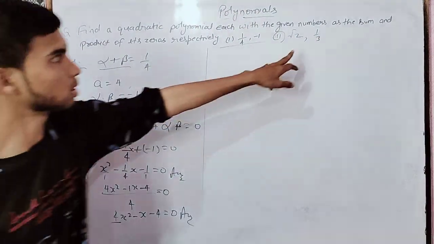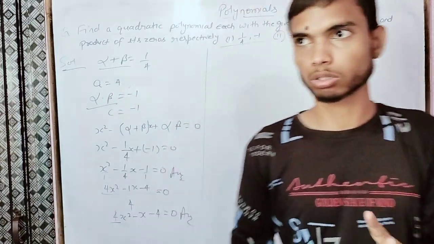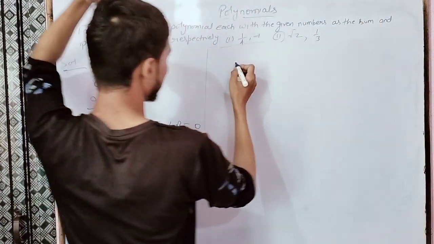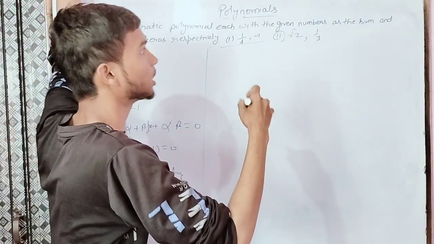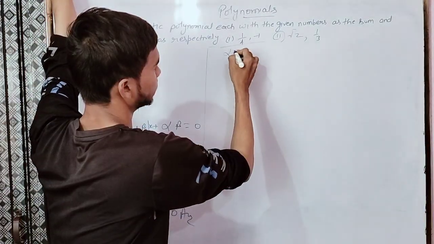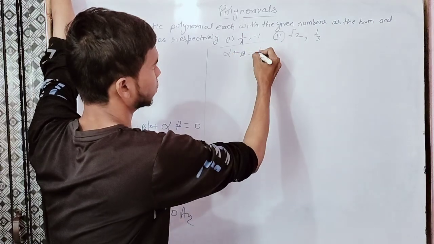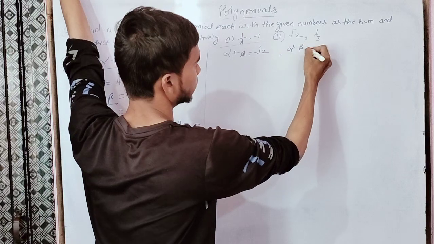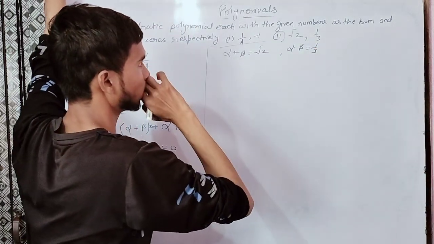How will you solve? You have given two zeros. You have given value for two zeros. So first we are finding quadratic polynomial of this given two zeros. So alpha plus beta is what? Root 2 and alpha into beta is 1 upon 3.